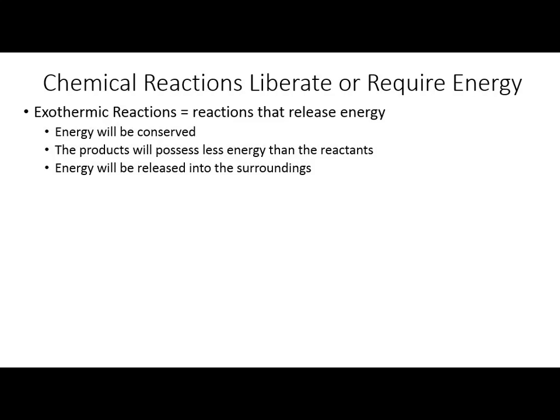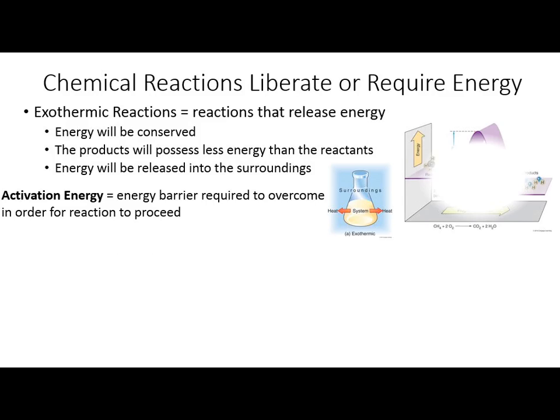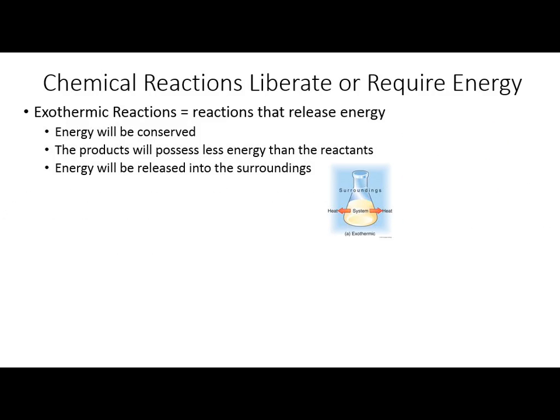So exothermic reactions, not necessarily things that go boom, but things that actually release energy as they do their thing, as the reactants go to form products. They release their energy into the surroundings. This is a picture of a chemical reaction.